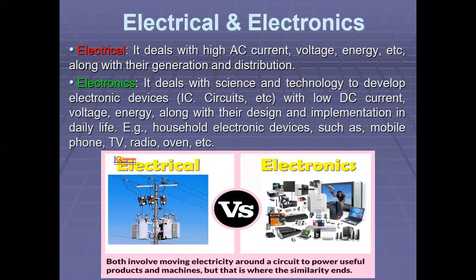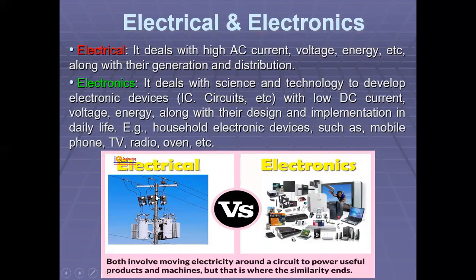It uses DC current with low voltage and energy, and the design of devices for everyday use in our daily life. For example, all the household electronic devices, such as our mobile phone, TV, radio, oven, microwave oven, are electronic devices.